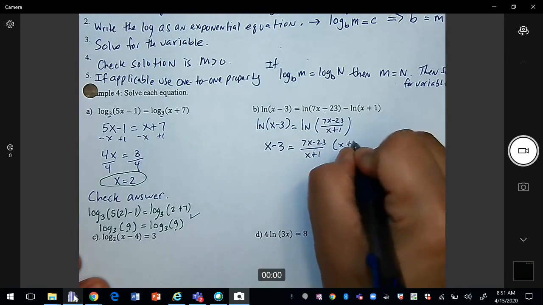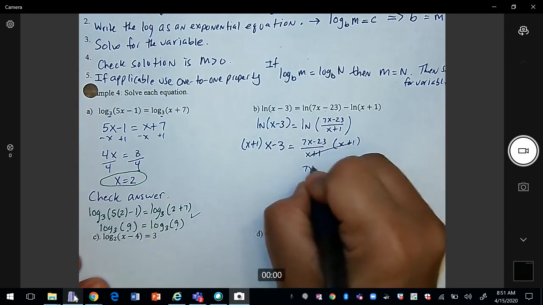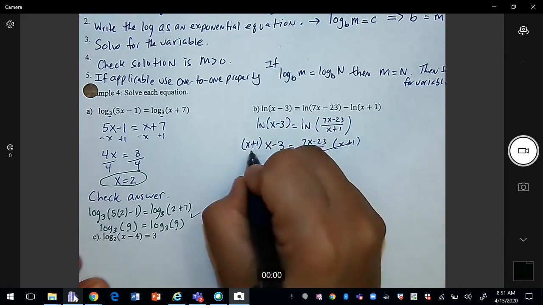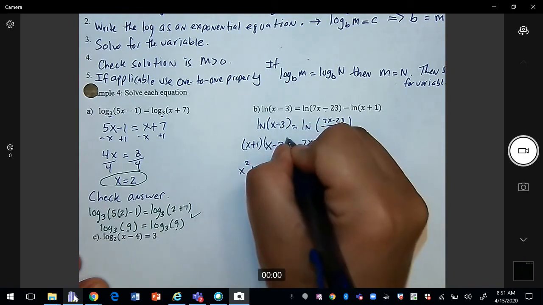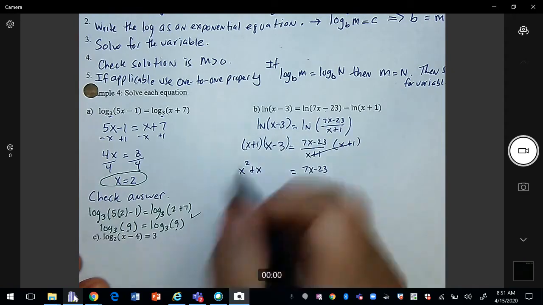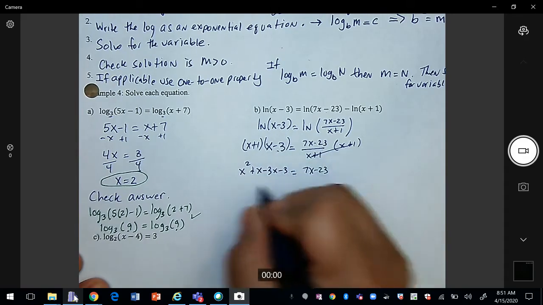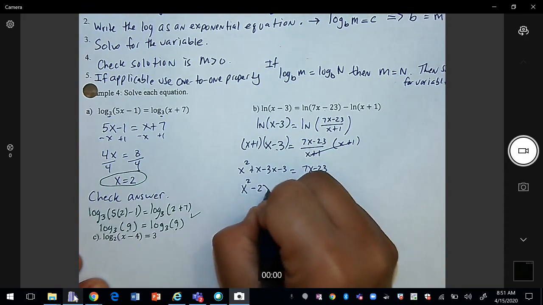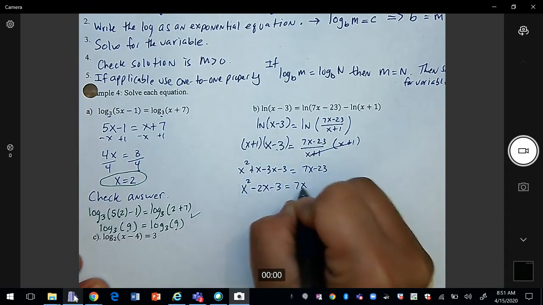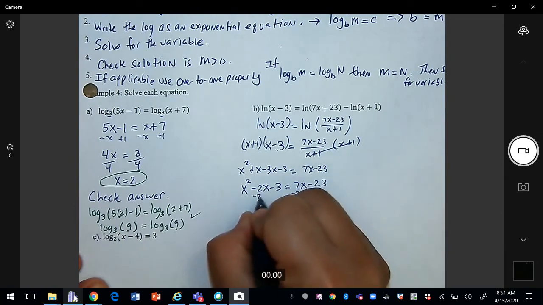Multiply x plus 1 on both sides. So x times x is x squared, 1 times x is x, negative 3 times x is negative 3x, and minus 3. Gather like terms. This is quadratic, so all the terms should be on one side.